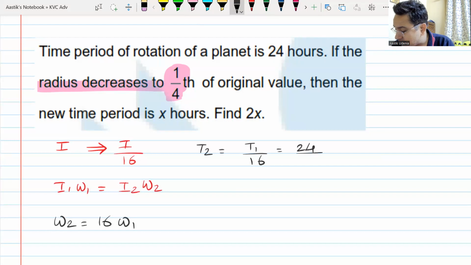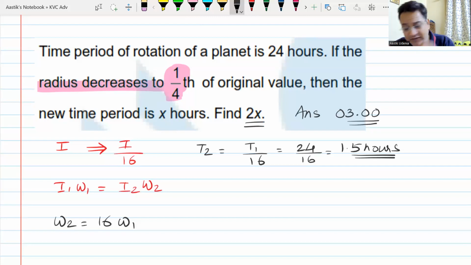Time period of the first one is 24. Second one is 24 divided by 16, which is 1.5 hours. That is the value of x. 2x becomes 3 hours. So the answer is 3.00.